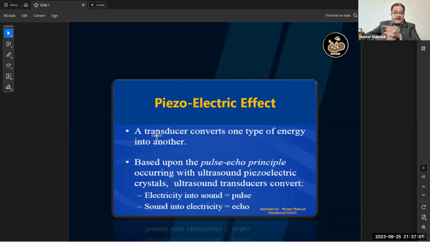When you give electricity to the crystals, these crystals are the magic thing in the ultrasound. It converts the electrical current into mechanical waves, which is the sound. But actually, we do not hear it because it is beyond our limits. Okay? That's why we call it ultrasound. So electricity into sound and sound into electricity.